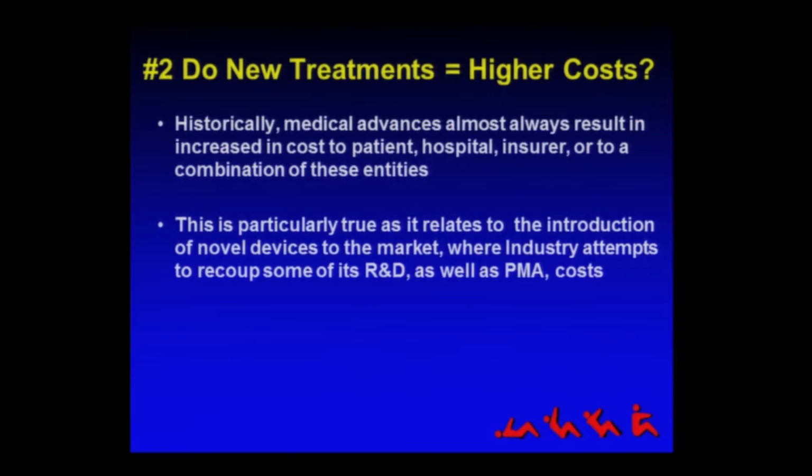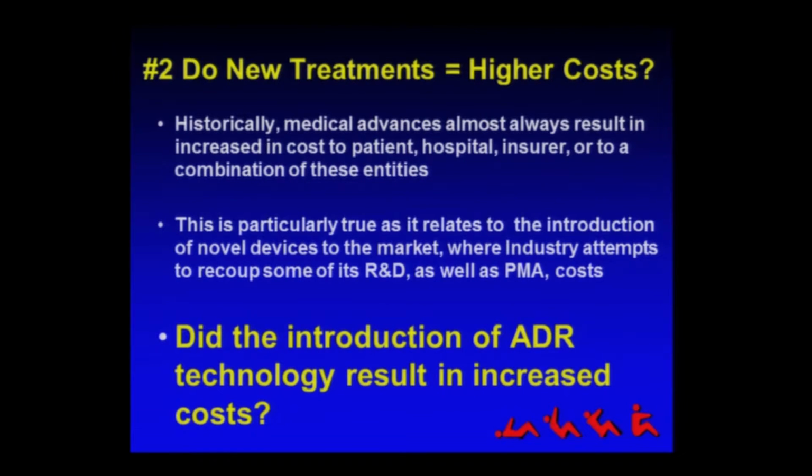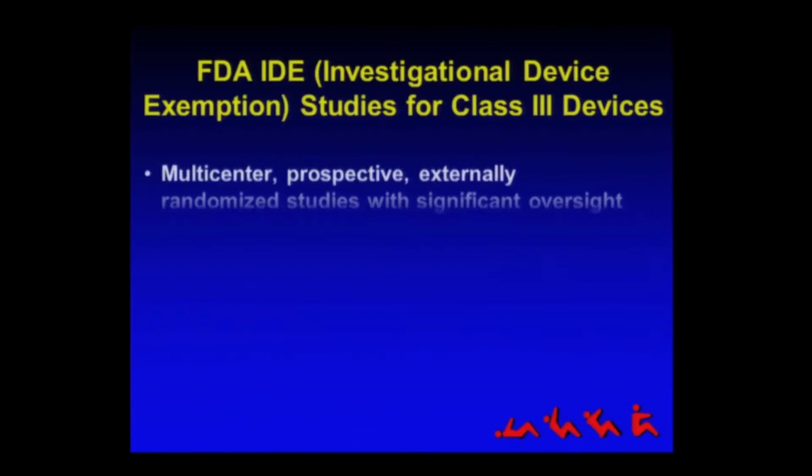Particularly when you're talking about new technology in the last 20 years, where novel devices had to go through a very rigorous pre-market approval process, which was very expensive, and industry, in an attempt to recoup some of those costs for its traditional R&D, as well as the regulatory hurdles, increased the cost of their new gimmicks. And so did the introduction of arthroplasty in specific result in increased cost? And that's what I'll spend a good deal talking to you about.